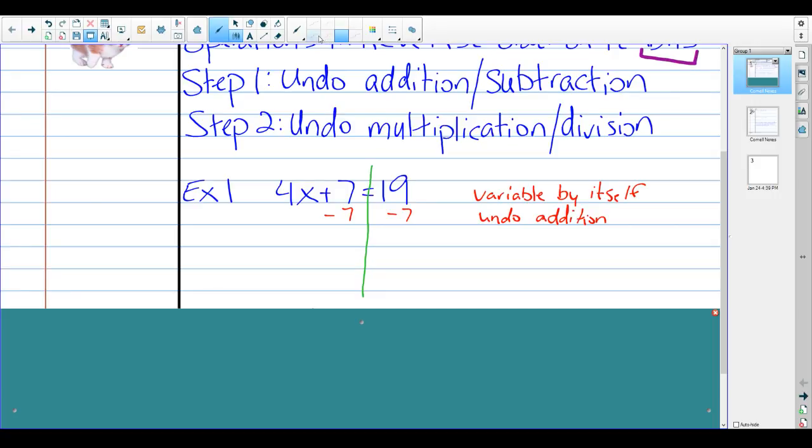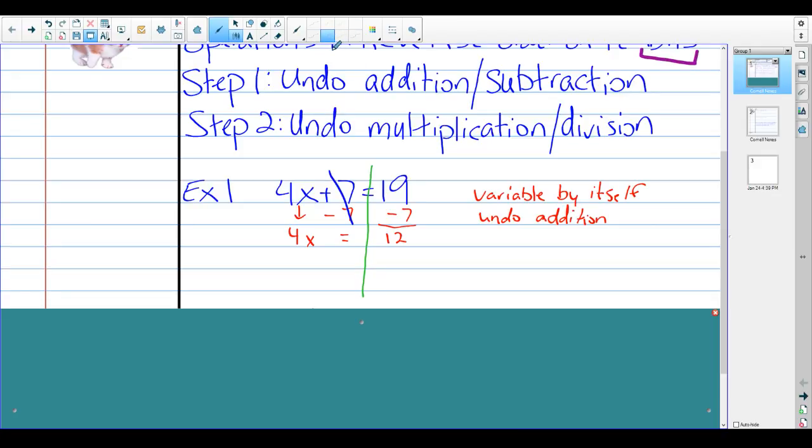So we do the math here. 7 minus 7, that's going to cancel out. On the other side, 19 minus 7, that's math we can do. That's 12. And then we just bring down this 4x, because we didn't do anything with that yet. We have 4x equals 12. That's step 1. Still need to get x by itself.